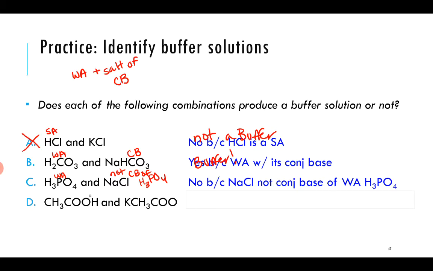And lastly, we have to remember that this is a carboxylic acid, and so my conjugate base would have CH3COO. All carboxylic acids are weak acids. This is the conjugate base of that, and so this one will be a buffer.